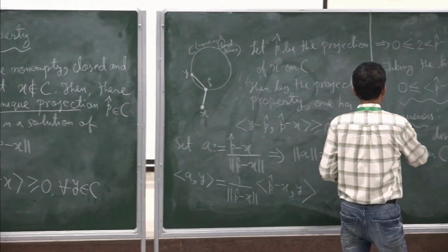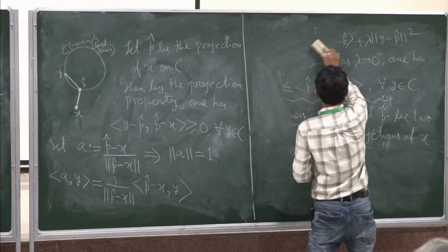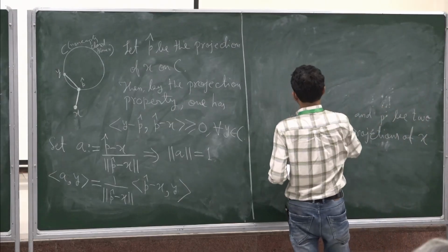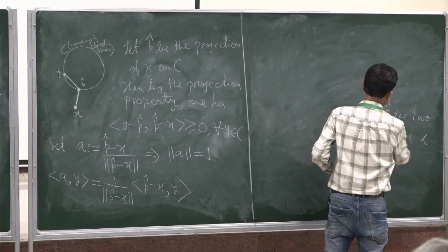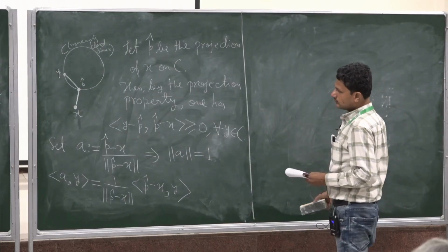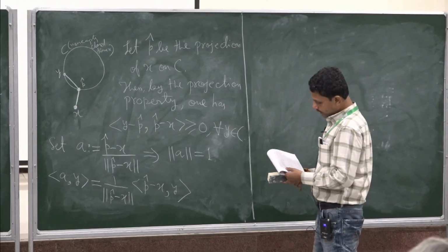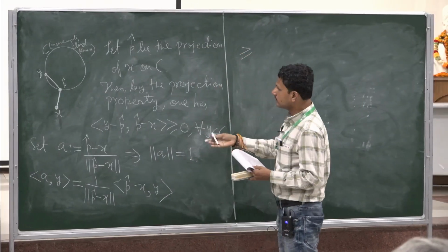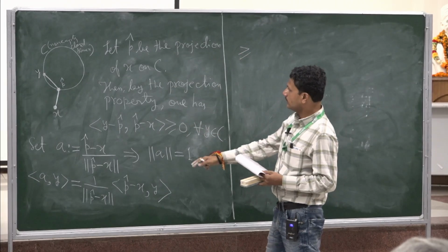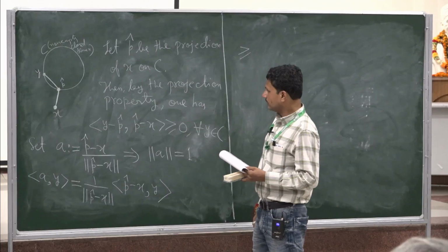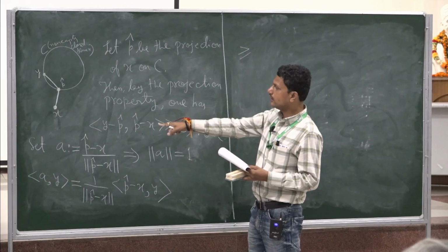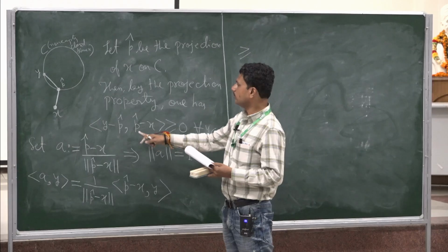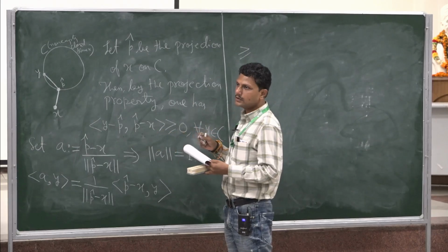So this value is actually greater than or equal to, by this property you see, the inner product of p hat minus x and y will be greater than or equal to the inner product of p hat minus x and p hat, right?